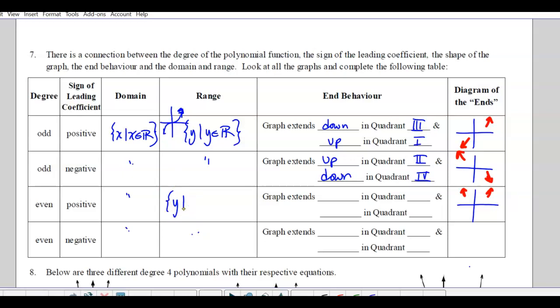But it is going to be greater than some number, and we'll just call that number the minimum value. So we'll just say y greater than the minimum, because we don't have any specifics about it. And so both are up in this case. Quadrant 2 and 1.